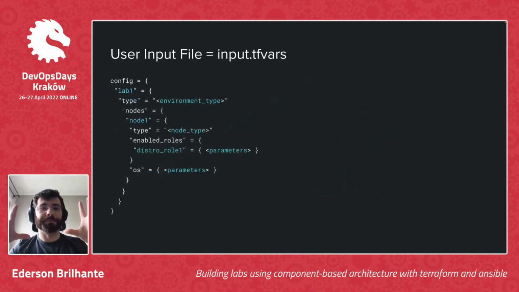Here we have the whole vision of how one machine looks inside one lab. Based on this template and this file that the user fills in, the framework knows what should be installed in each one of the EC2 machines and in each one of the labs. One environment type in this framework represents a predefined kind of relation between the nodes. One single node standalone uses the standalone type.